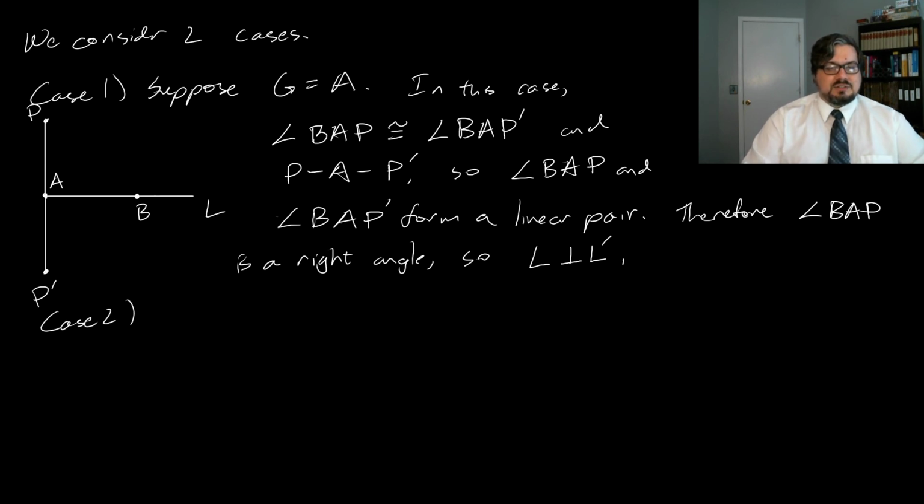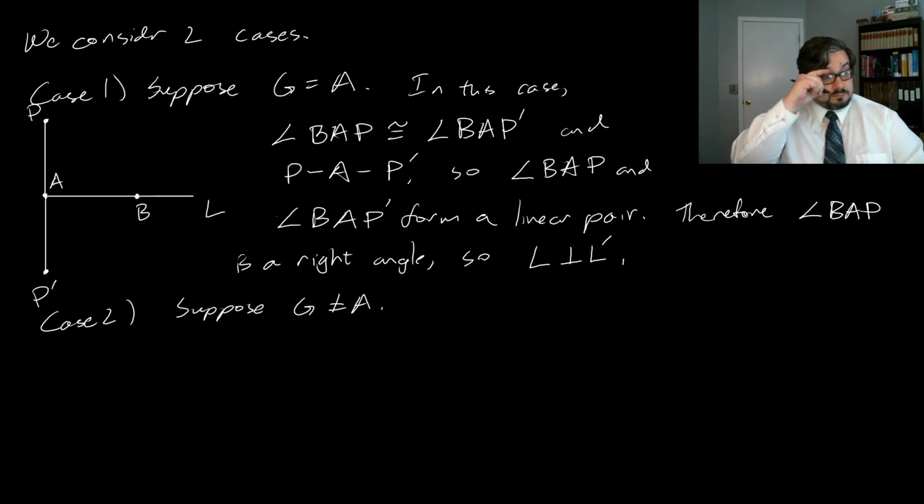So let's look at case two. Let's suppose that G is not equal to A. Here we're again going to consider technically a couple different cases, but we're not going to explicitly write it down this way.